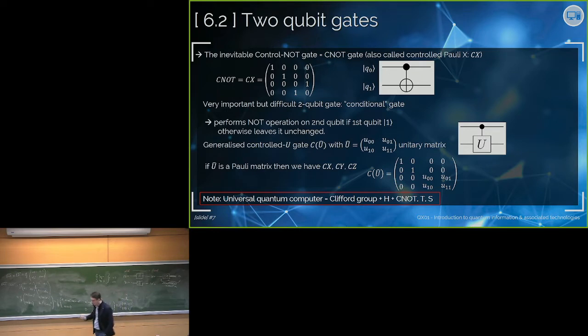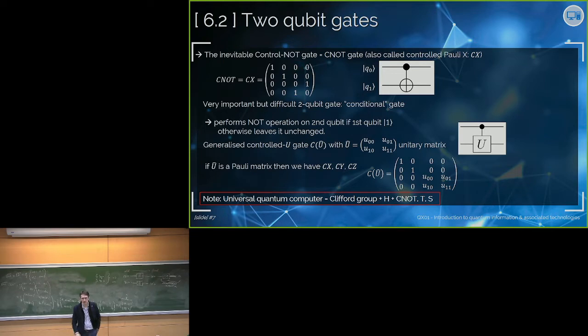So that was for 1 qubit gates, but then we have 2 qubit gates, and in particular what I call the inevitable control NOT gate, or C-NOT gate, which is also sometimes called the control Pauli X, as we will see why, because it's basically the combination of identity and a Pauli matrix, the X Pauli matrix. So here's the C-NOT gate.